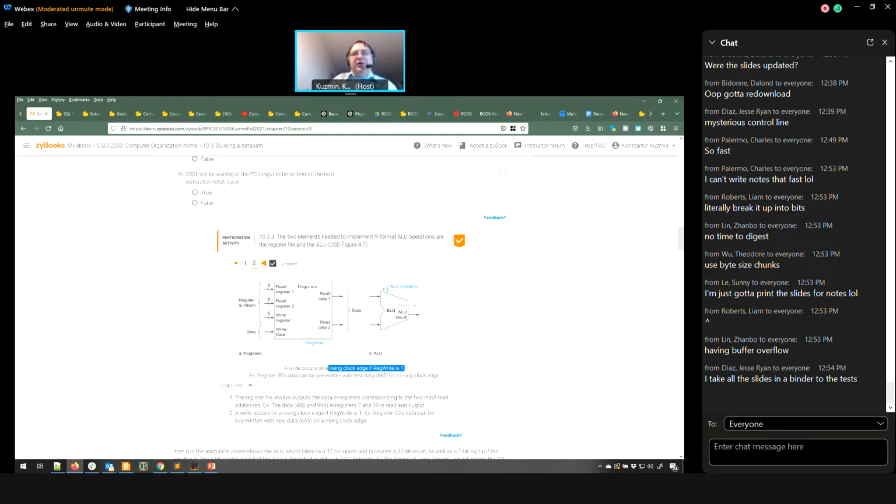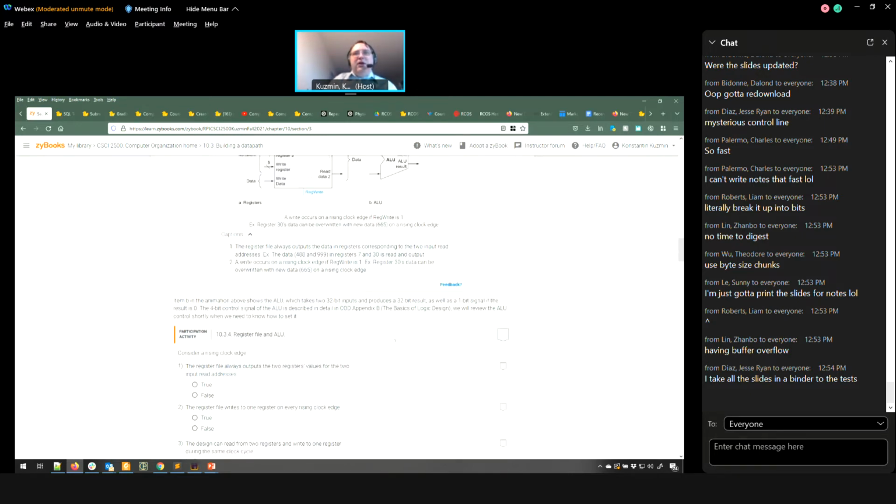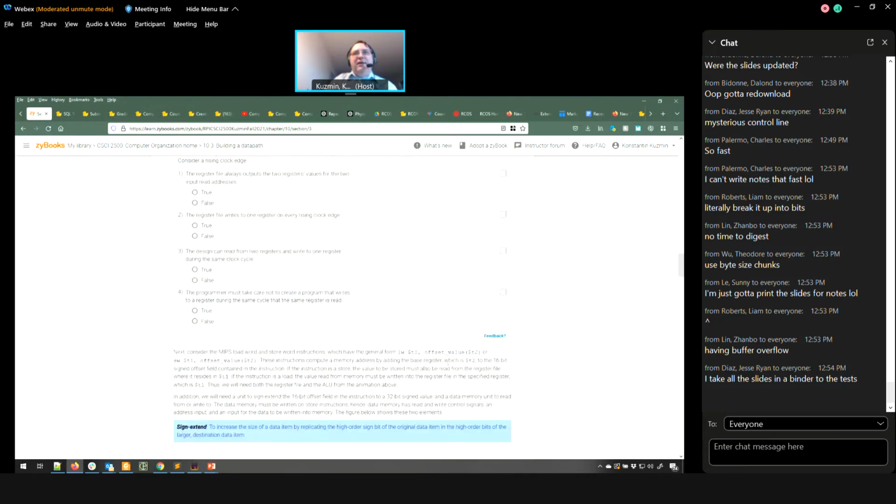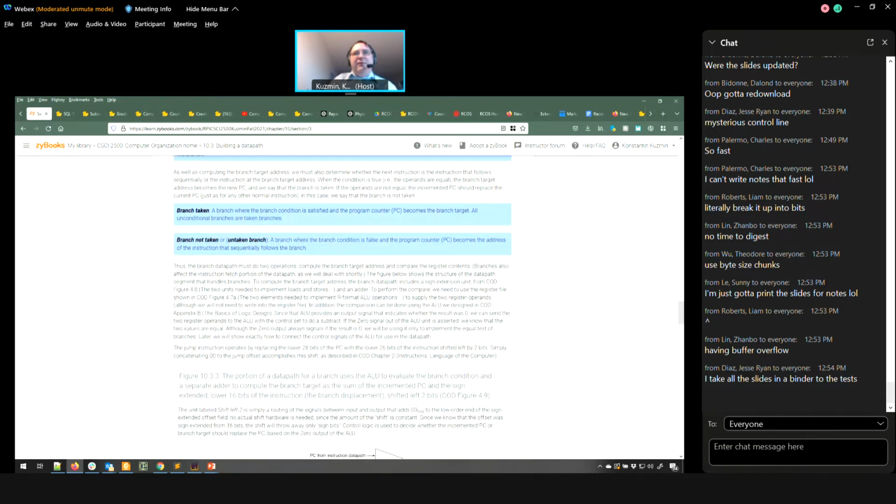Like here, it's part of the execution of the instruction where we read values from the register file. So if you're using zyBooks, please make use of those animated figures. I think they are very nice and very helpful.